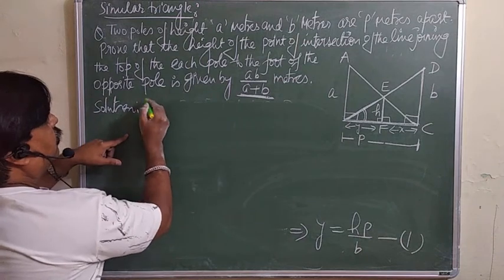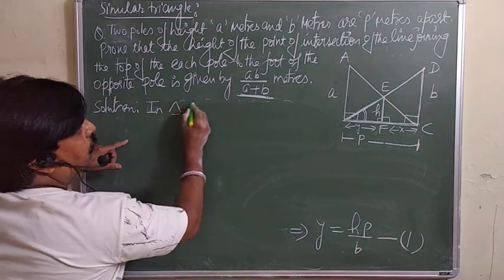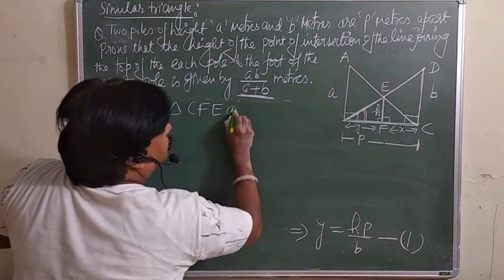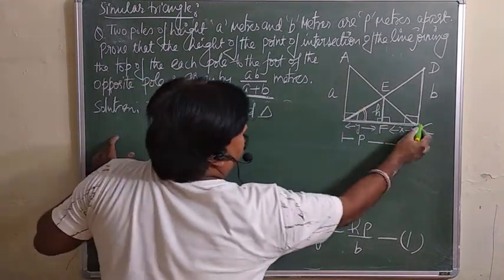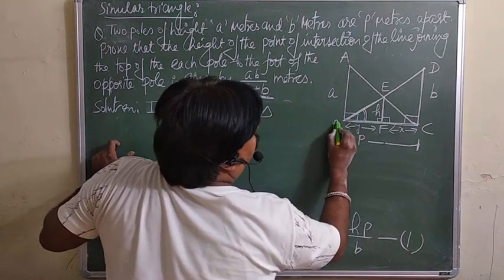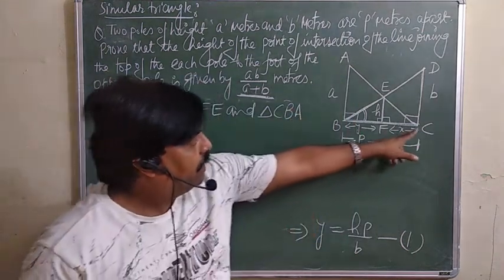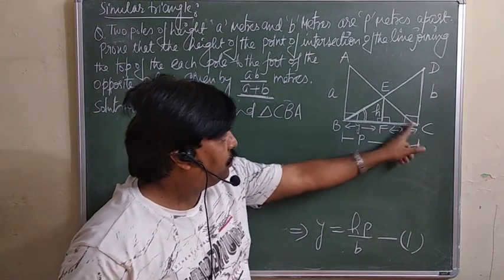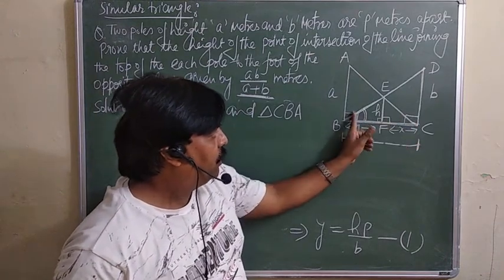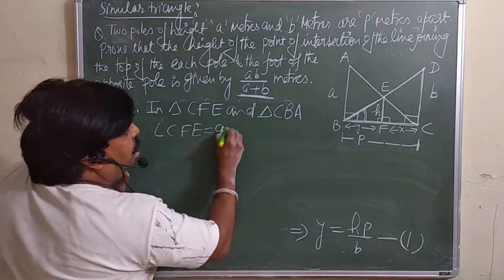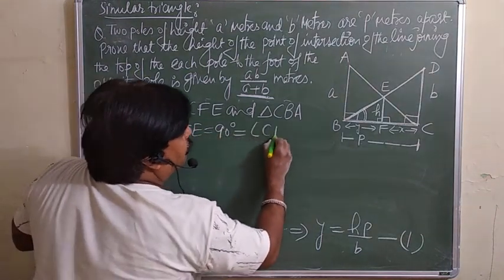Finally we require Y is equal to, yes, now you are supposed to take these two triangles: triangle CFE and triangle CBA. In these two triangles, angle CFE is equal to 90, which is equal to angle CBA.